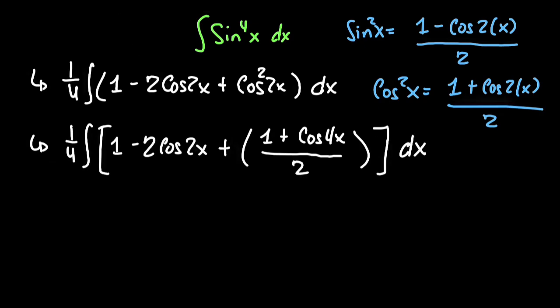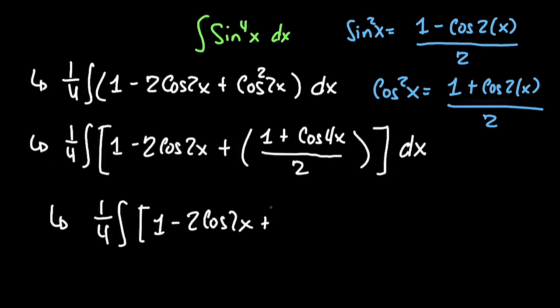Simplify this. We can actually split this first in order to simplify, since they both have the same denominator, we can split this, which is 1/2 plus cosine 4x over 2 multiplied by the x.